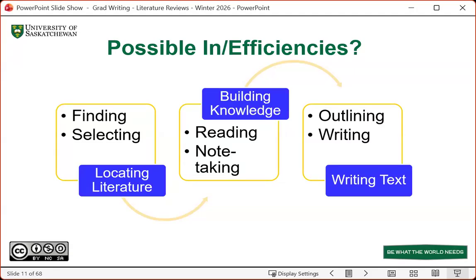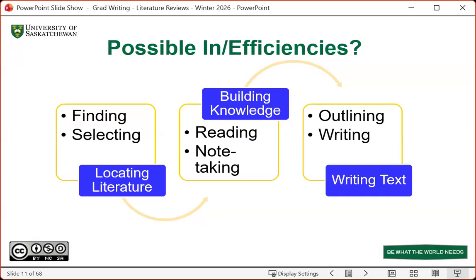So one of the things we want to be mindful of is, given that this is a pretty complex task that we're being asked to do, we want to figure out where we can find some efficiencies. When we're talking about inefficiency, it involves spending more time on tasks than we need to.